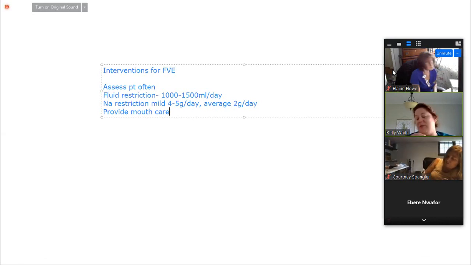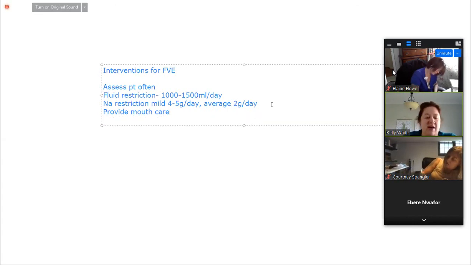I can't remember the measurement, but I think a whole cup of ice equals half a cup of water. Is that right? So keep that in mind. It lasts longer, but it's still going to count against them. Also encourage cold fluids, because warmer or hot fluids actually make you thirstier.